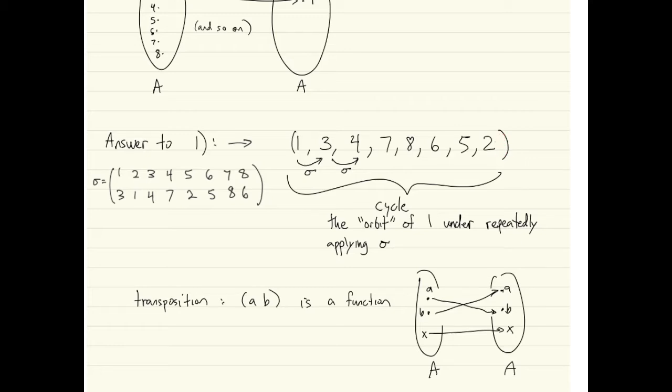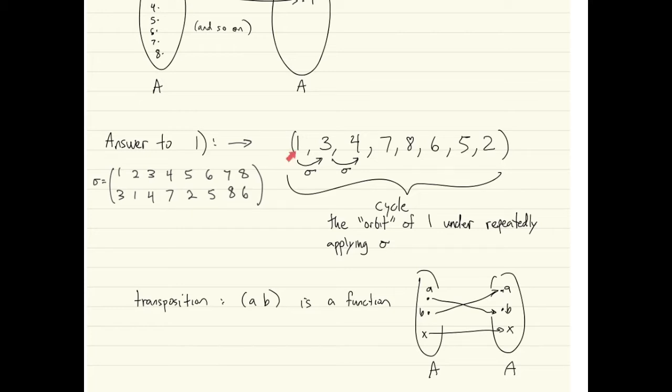Now in this particular example, it just by coincidence happens that we've encountered all the numbers: 1, 2, 3, 4, 5, 6, 7, 8, all the numbers in our set A. And so this element has only one cycle. We'll do another example shortly where there's more than one cycle.